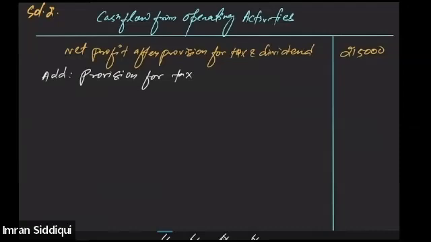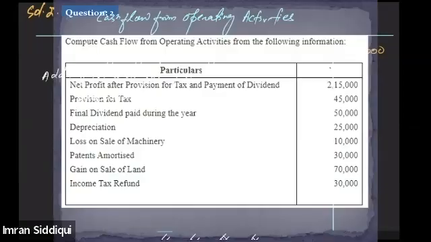Why we are adding it? Because it is considered as an extraordinary item. Then similarly, the proposed dividend will be added as well. All right. Now, see, the value of these is given in the question itself.